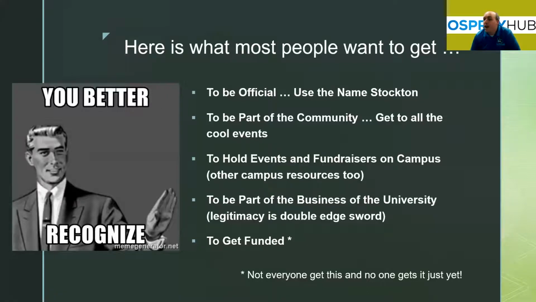All right. The next thing that all recognized organizations get is that they get to be part of the business of the university. And this is really important because this comes with some benefits and it also comes with some costs.